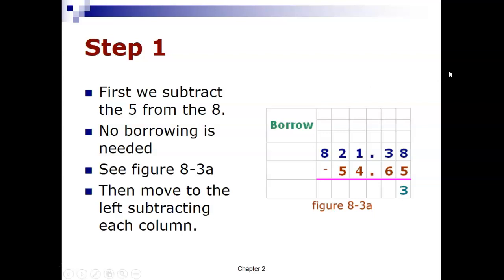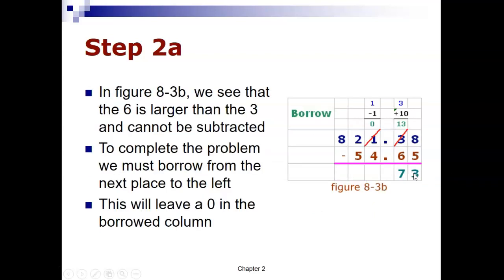So the very first thing, we always start going from right to left in a problem. We start at the end and work our way up. So we might subtract 8 minus 5, which would give us 3. But we cannot subtract 6 from 3. So we borrow. We look to the number in front of the 3, and that is a 1.